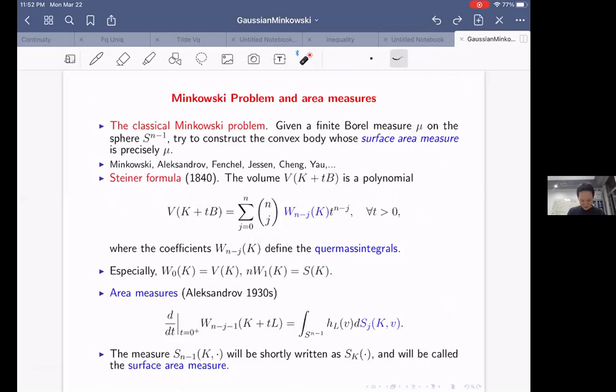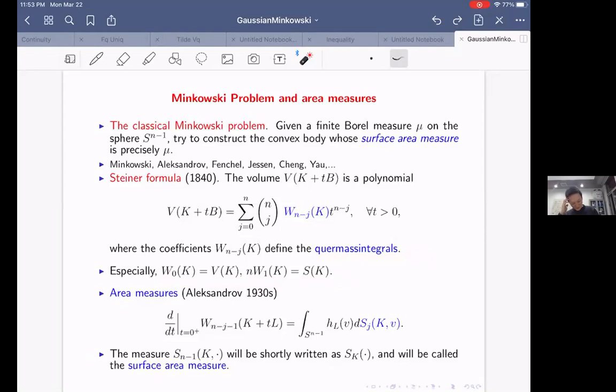About 1840, Steiner found that the volume of K plus tB is a polynomial, where B means the unit ball. The coefficients of this polynomial define the quermassintegrals. There are many other approaches to introduce this geometric quantity; especially W_0 is volume, and W_1 will be the surface area of a convex body K up to a constant.